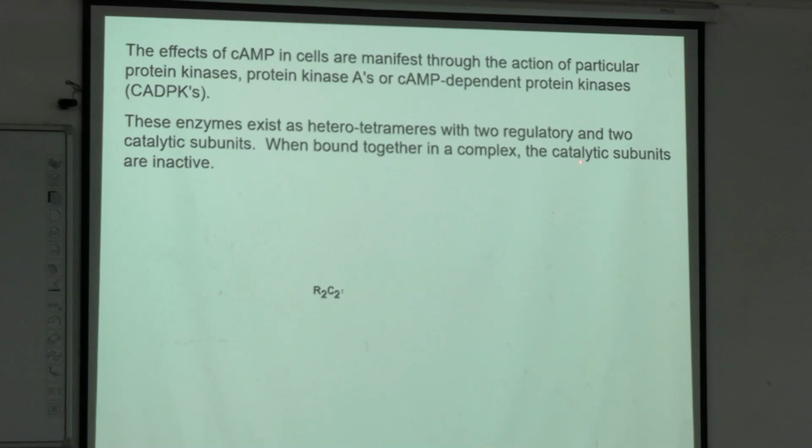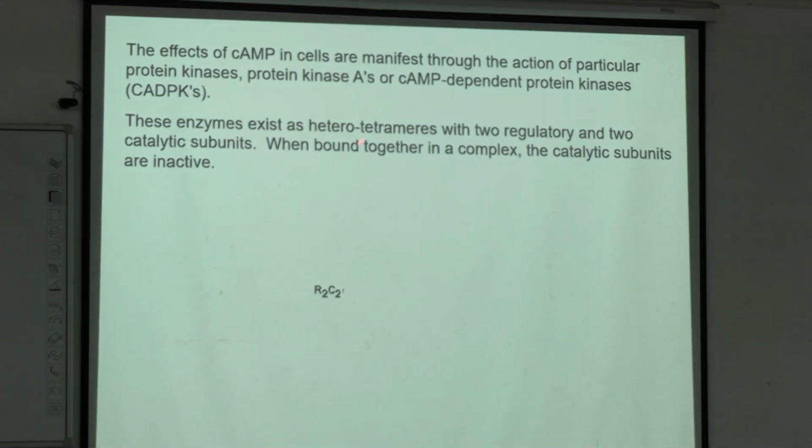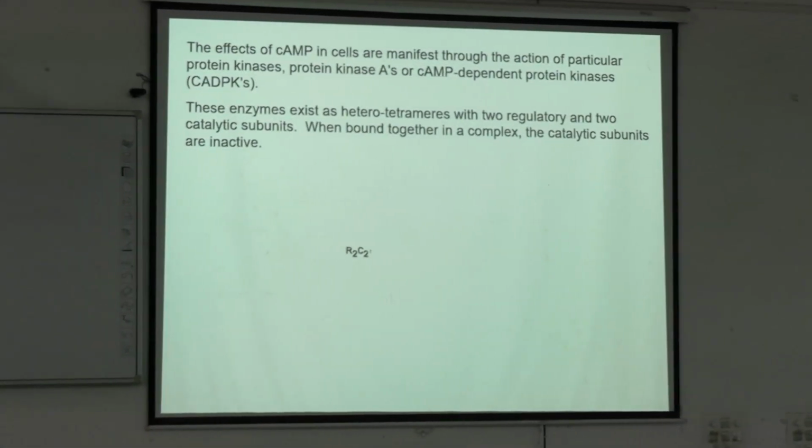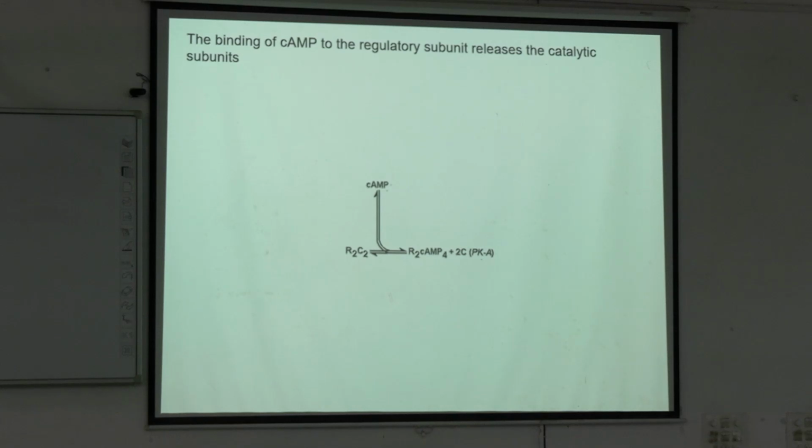It says that when the catalytic subunits are complexed, they are inactive. R2C2 is inactive. Cyclic AMP binds at the interface of R2C2 and it dissociates, so one cyclic AMP bound R1C1 and another R2C2, two different subunits.